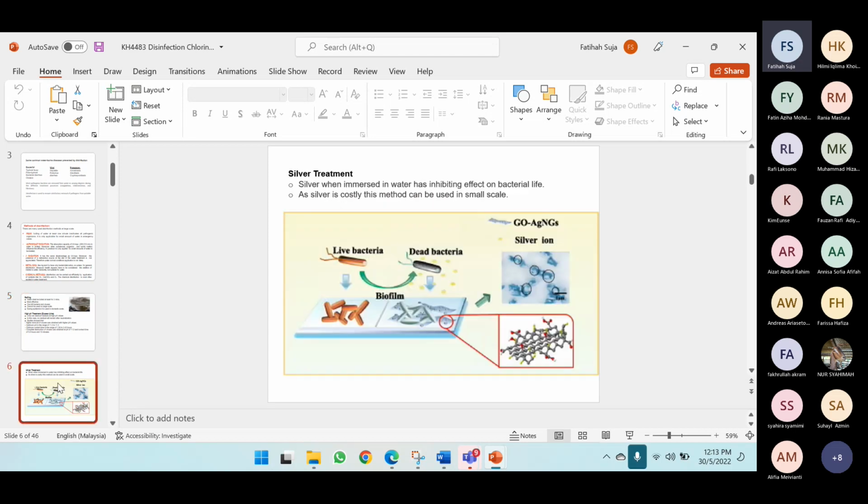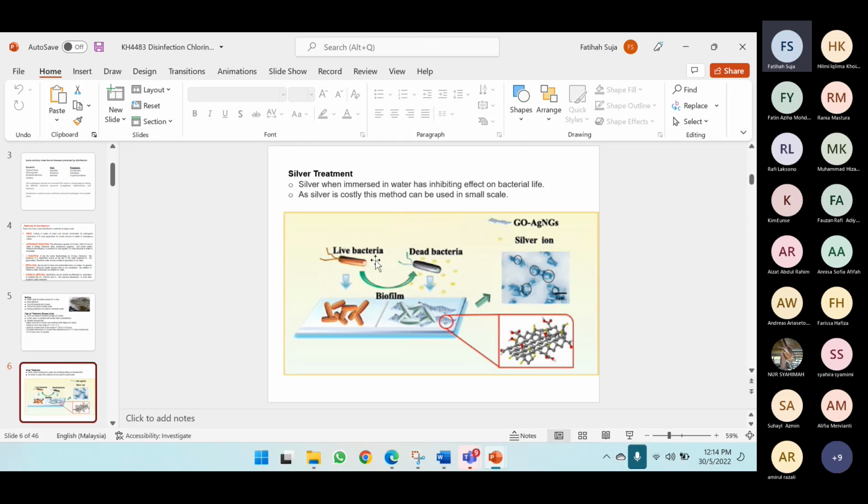Okay, the silver treatment is also a metal ion treatment. Metal ions: silver, when immersed in water, has an inhibiting effect on bacterial life. As silver is costly, this method can be used on a small scale.